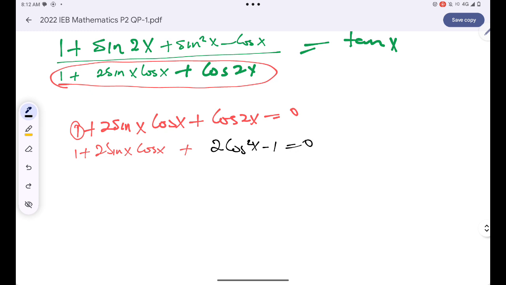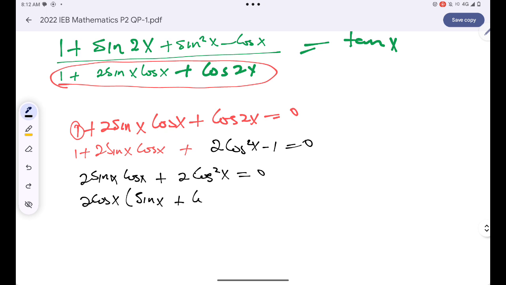I know that the 1s will subtract one another. I'll simply have 2 sine x cos x plus 2 cos squared x is equal to 0. I can take out a common factor. A common factor is 2 cos x. I'll have sine x plus cos x is equal to 0.